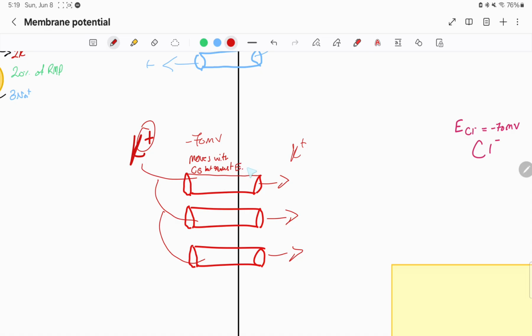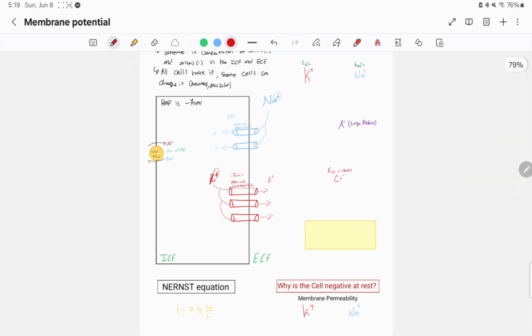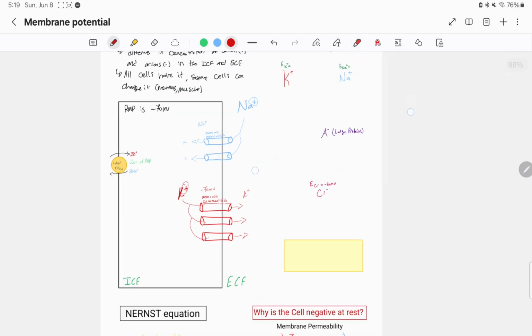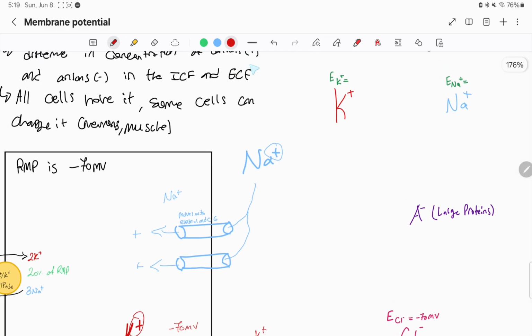Okay, what does this have to do with the fact that the membrane comes down to being negative 70? Well, let's take a look at some numbers here. Potassium in the extracellular fluid, all right, has a concentration of 5 millimoles per liter.